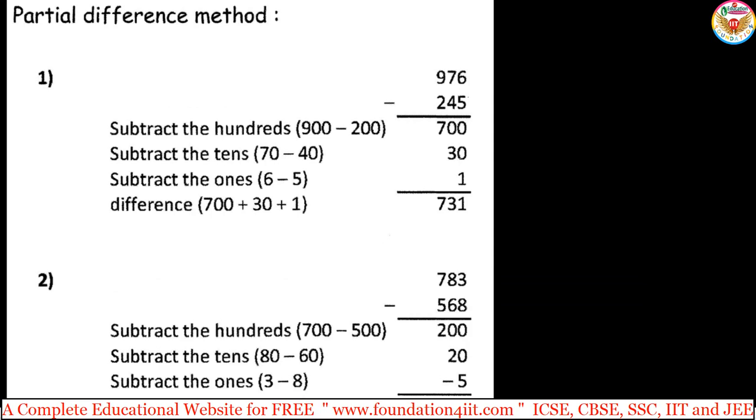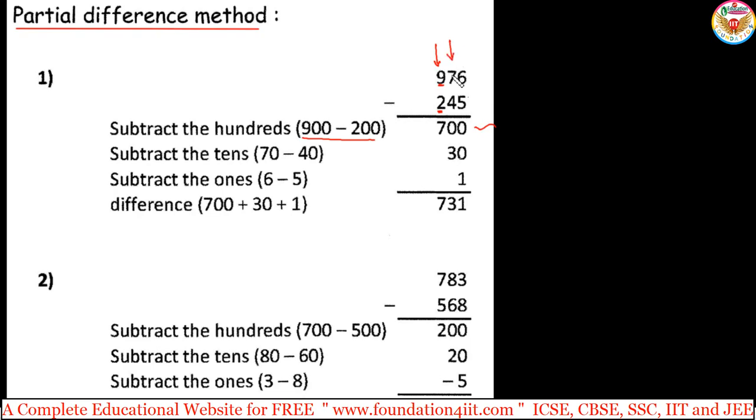Right. In this partial difference method, we take the place values, and based on the place value, you can subtract one by one. For example, it's already given here, 976 minus 245. First the hundreds place, 9 and 2, so 900 minus 200 is 700.